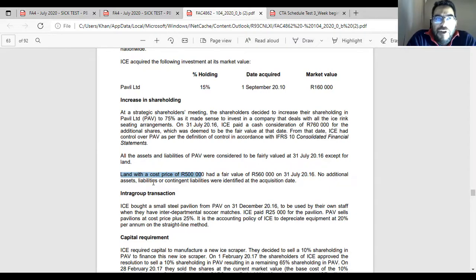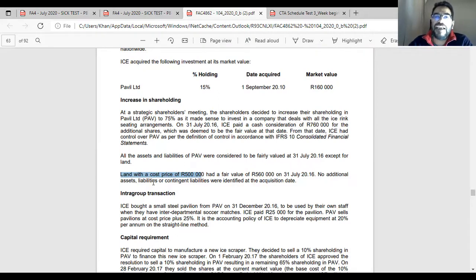Now IFRS 10 says that when there's a change in ownership that results in a change in the nature or type of the investment, here from a normal investment to a subsidiary, then accounting says: we know in the real world you only acquired a further 60%, but you are deemed to have sold the 15%.